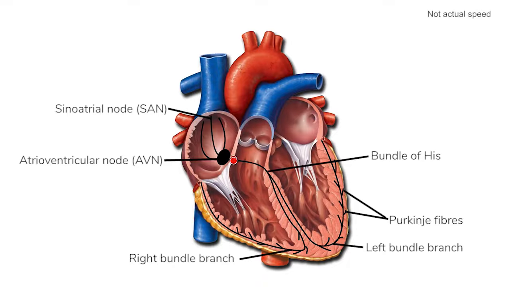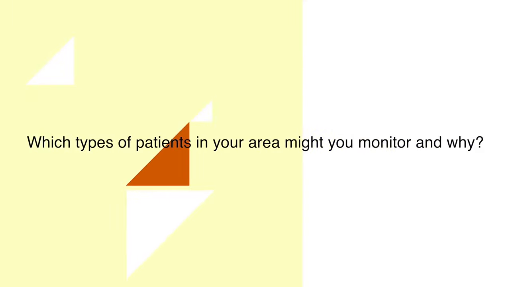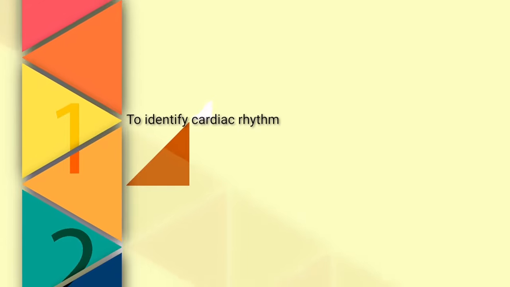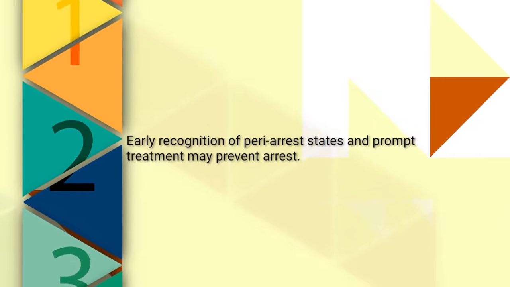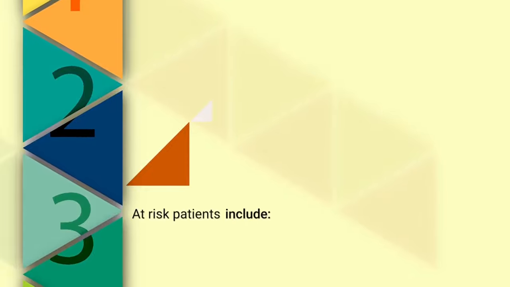It may also be helpful to take a moment or two to think about what types of patients in your area you might monitor and why. One of the commonest reasons for cardiac monitoring is to identify the patient's underlying cardiac rhythm. Cardiac monitoring may allow the early detection and management of potential life-threatening arrhythmias, allowing prompt treatment to be initiated to prevent cardiac arrest.